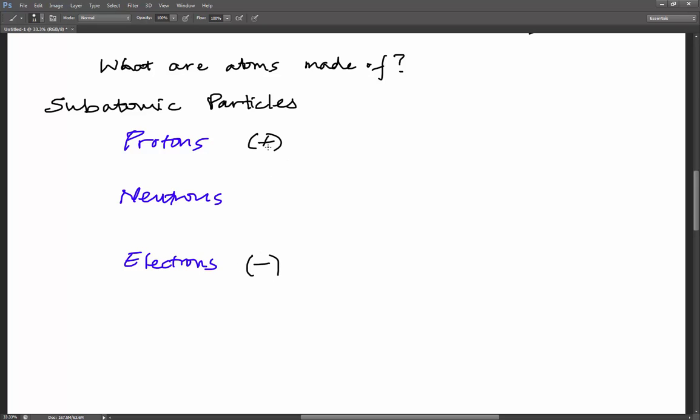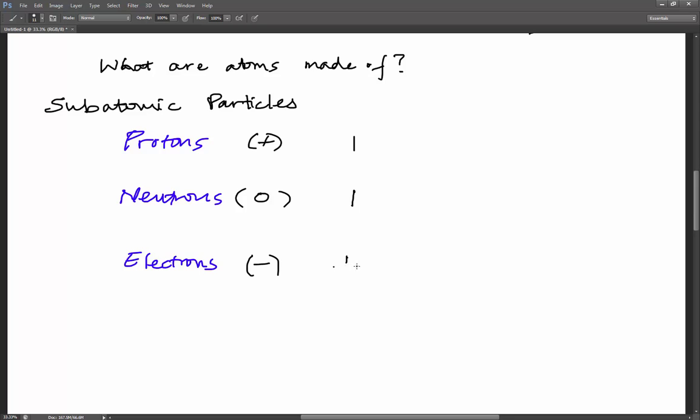Electrons have a -1. That is, they're equal and opposite to the protons. And neutrons have a charge of 0 relative to protons and electrons. So neutrons are neutral. So those are the relative charges of each of those. In terms of mass, protons have a relative mass of 1. Neutrons weigh about the same, that are also 1.